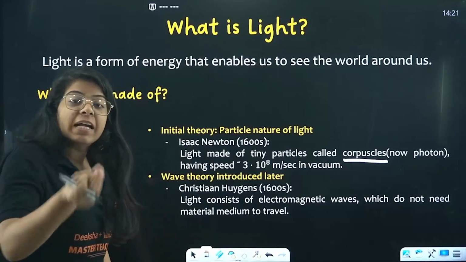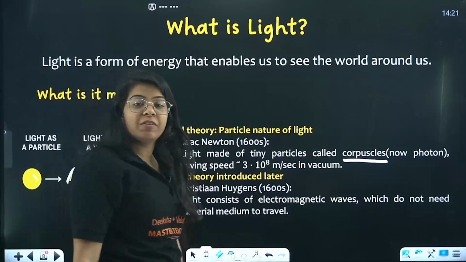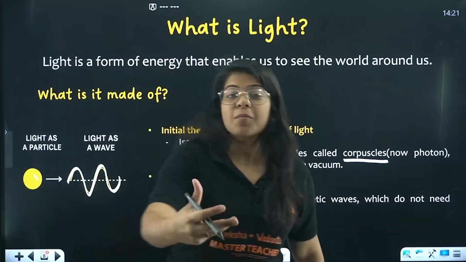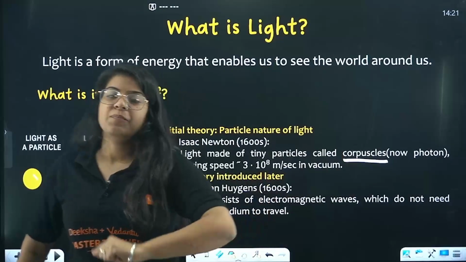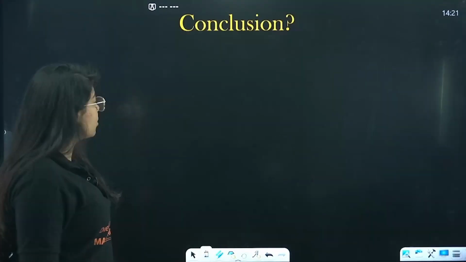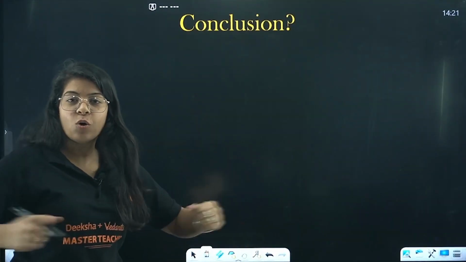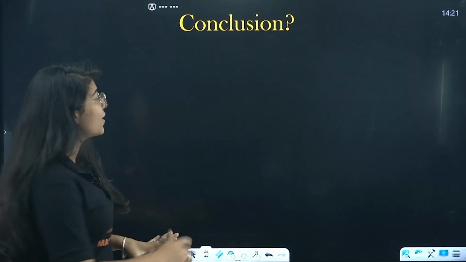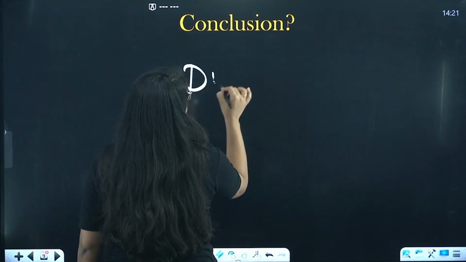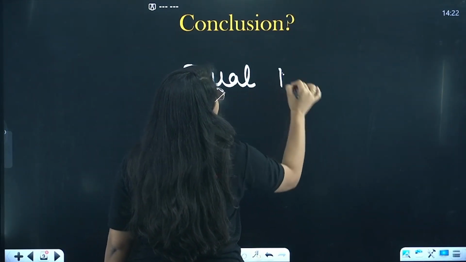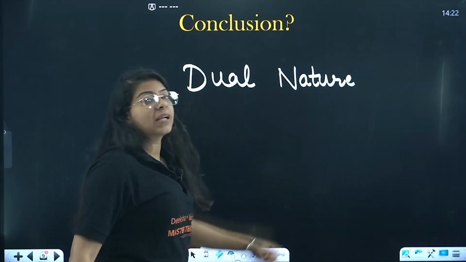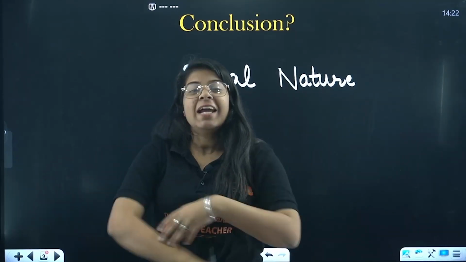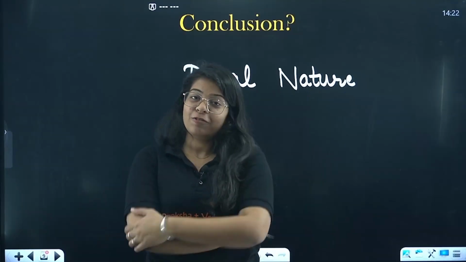Now a wave consists of an electromagnetic wave. It has electric waves and magnetic waves in it. But Newton said it's a particle. So now what is the conclusion of this whole battle? The conclusion came that light has dual nature. What does that mean? It acts as a particle whenever it feels like, and it acts as a wave whenever it feels like.